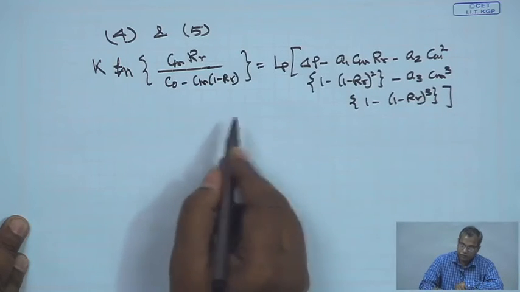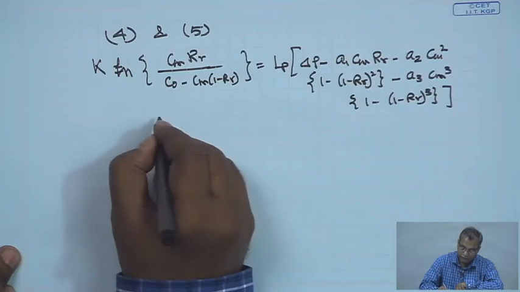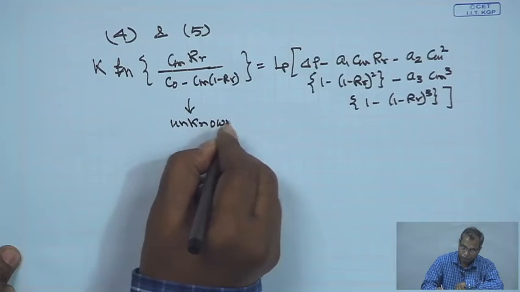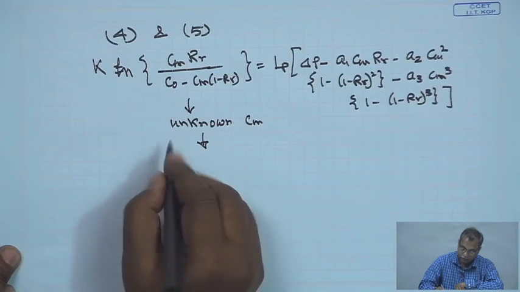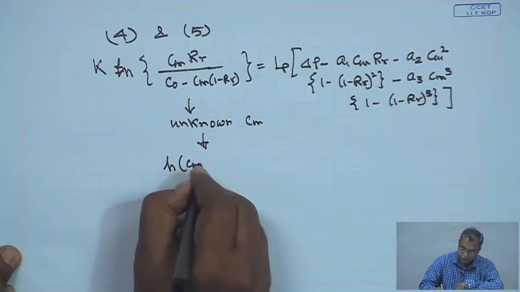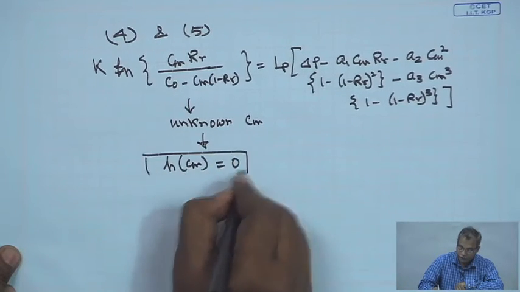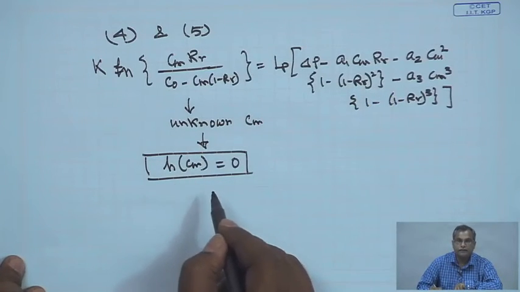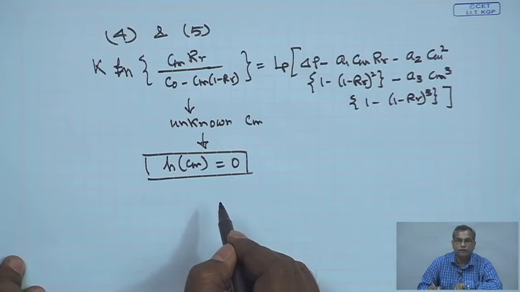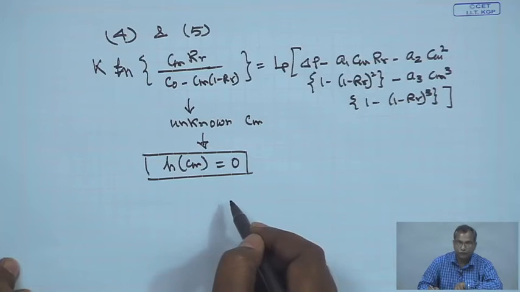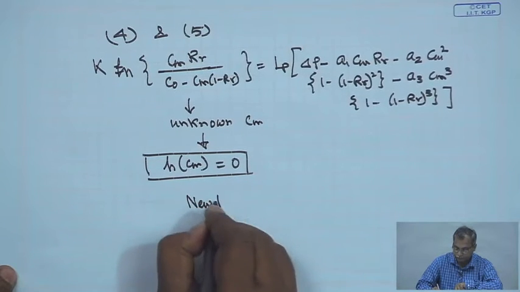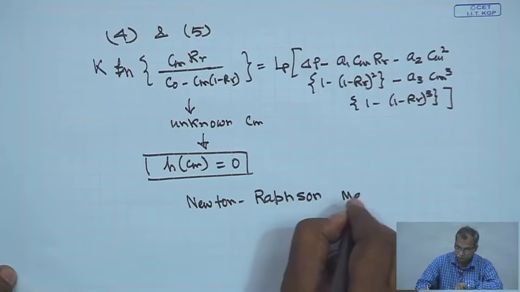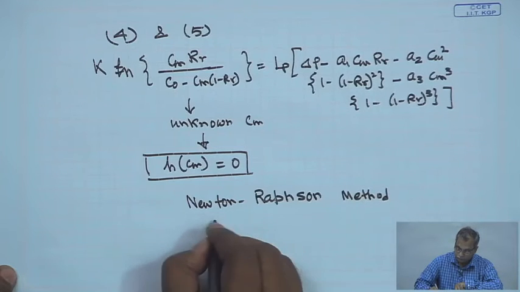This is a nonlinear equation in Cm, and the only unknown is Cm. We can cast it in the form of h of Cm equal to 0. If you take the right hand side to the left hand side, we can write it as some nonlinear algebraic function of Cm. Therefore, this can be solved using the Newton-Raphson method, iteratively.